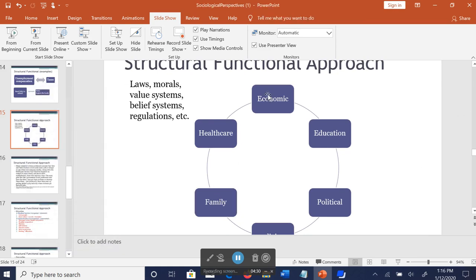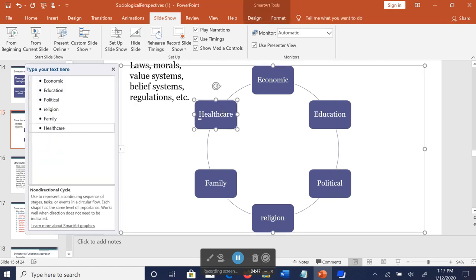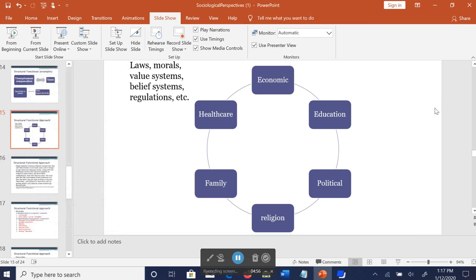So all these entities in any given society, in any country, regardless of their economic or political system, whether it's a socialist country, a communist country, or a capitalistic system, they have all these major social institutions or major systems that play different functions.